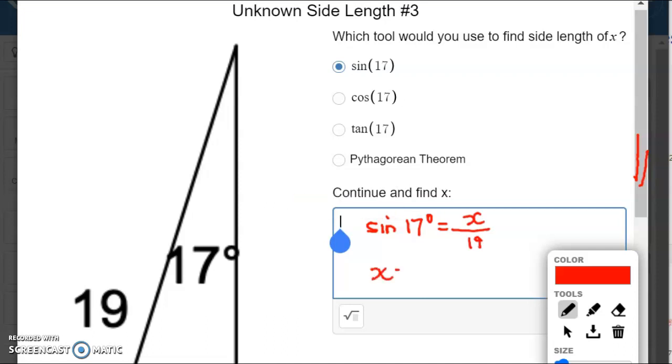So x is going to be multiplying 19 to both sides, 19 times sine of 17 degrees, which when I use the calculator, I get 5.6. And again, check your answer to see if it is reasonable. It certainly does look reasonable, so I know that I probably got it right.